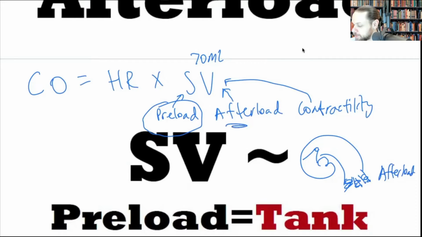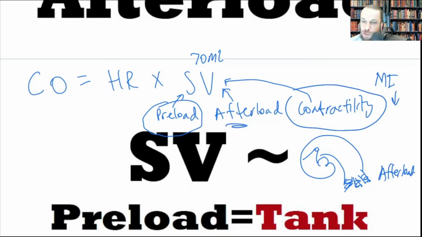And then the contractility, the inotropy, how well your heart is working. So if you have a massive heart attack, maybe contractility is down. At the same time, your afterload may be up because you have vasoconstriction to compensate for the low blood pressure. That's why all these factors are important to keep in mind.